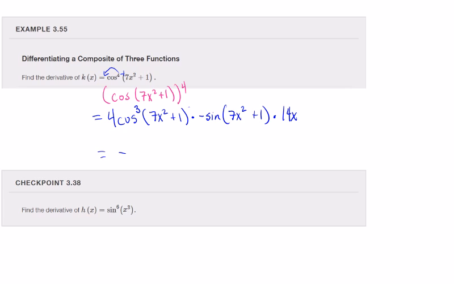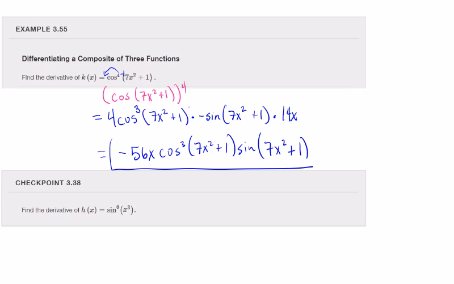So 14x times 4 would be 56x. And then you can tag the sine and the cosine together. It doesn't really matter which one goes first. Sometimes there's trig identities that you can apply and change values, but this is about as simplified as we can get it.